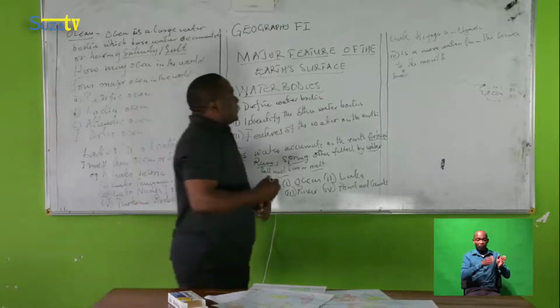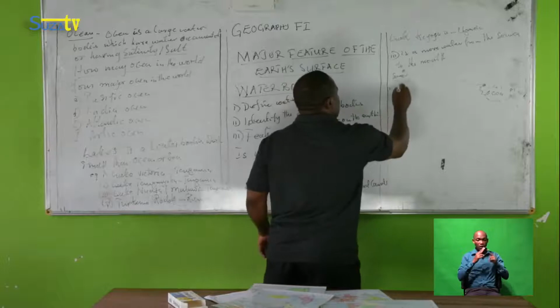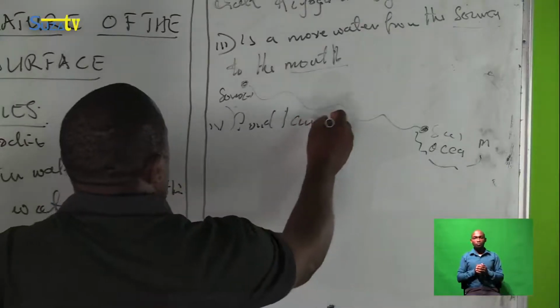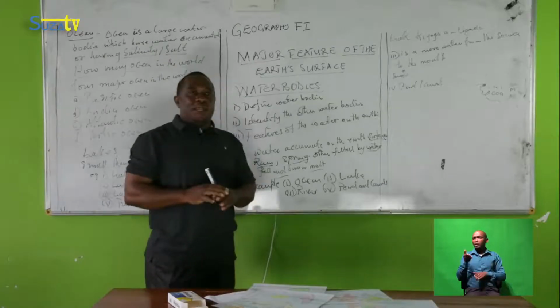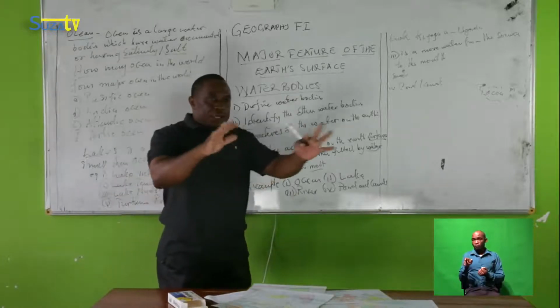And also, number 4, here we can discuss ponds and canals. A pond, sometimes we call a man-made lake. Some people dig holes.